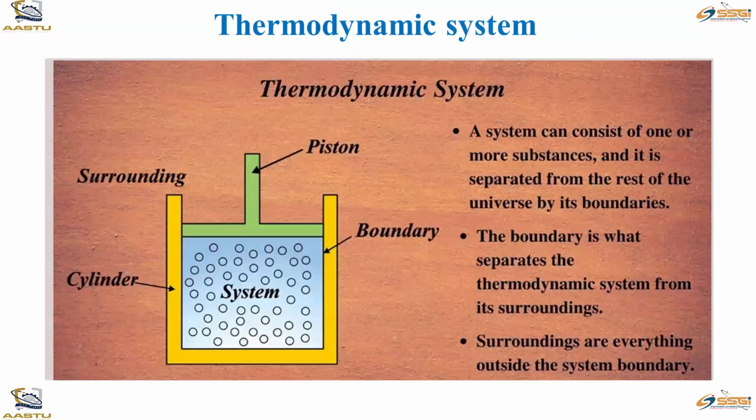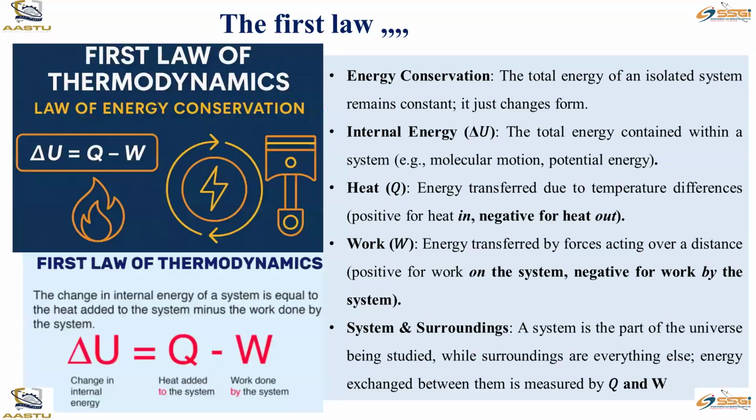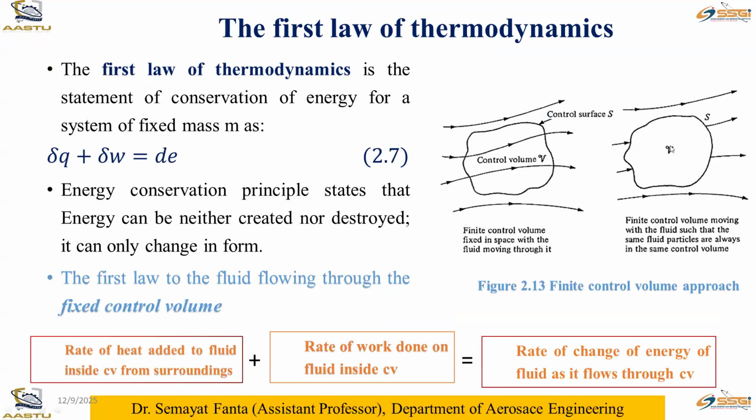Actually, I already showed you what the control volume and the control surface are. Let me go back and show you. This is a control volume, but if I take a small differential surface here, it is a control surface. Let me take a small ds.